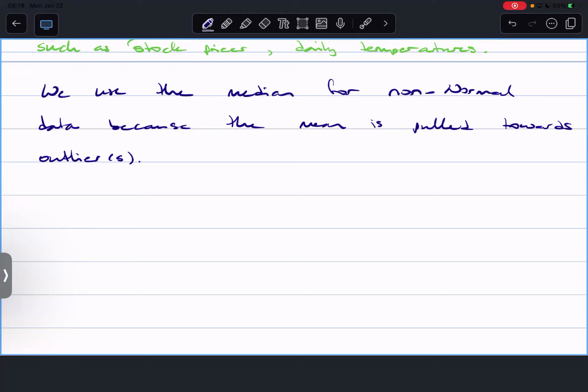In terms of describing a distribution, I'll call this the end of our review. To describe a distribution, we need to talk about three things: the shape, the center, which we've already talked about, and the spread.